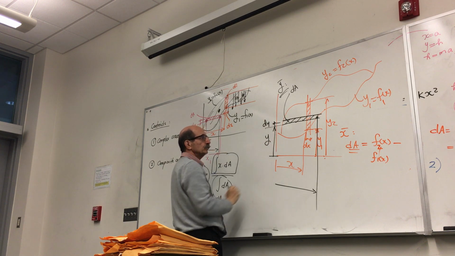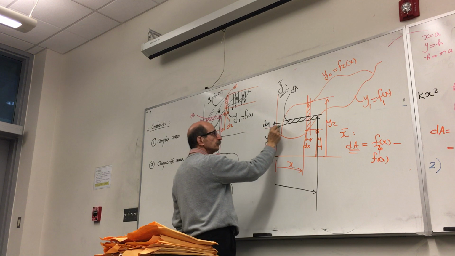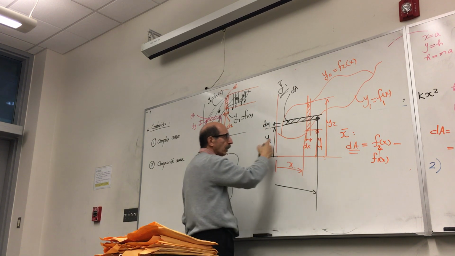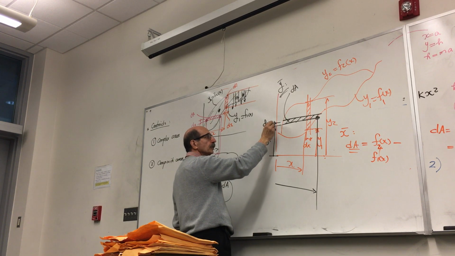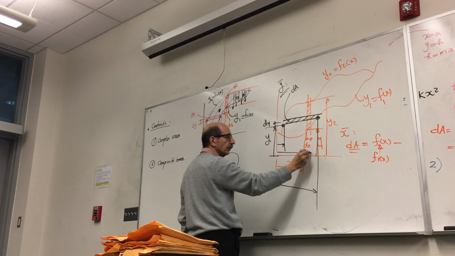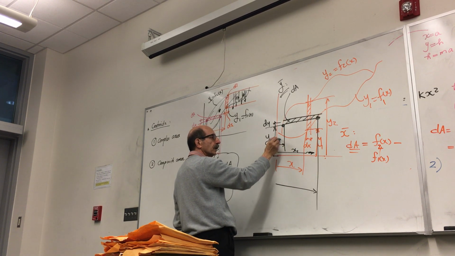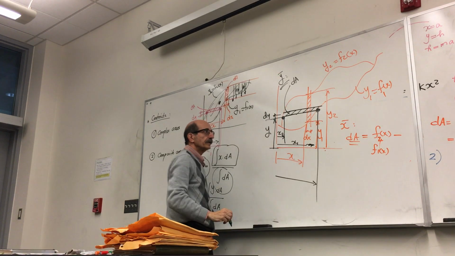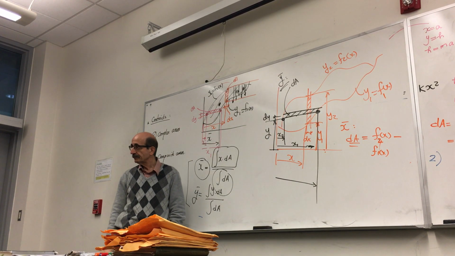At any point y, you want to find the x value corresponding to that y on this function. In other words, if this is x1, I call this x2. The difference of the two times dy is the dA.